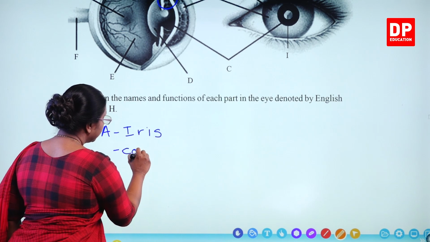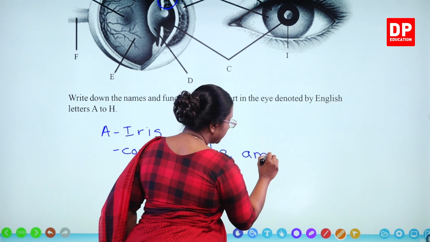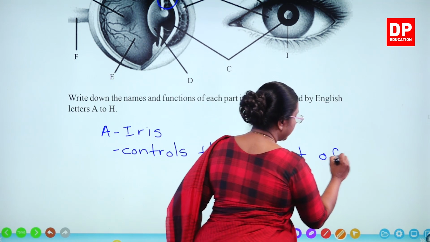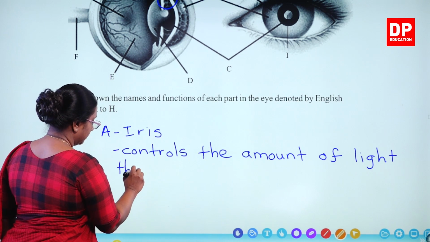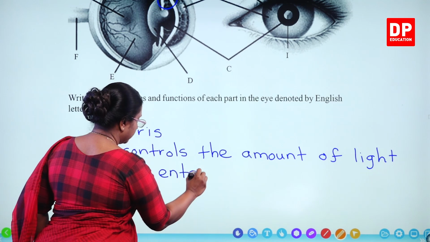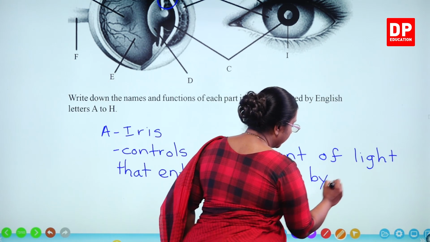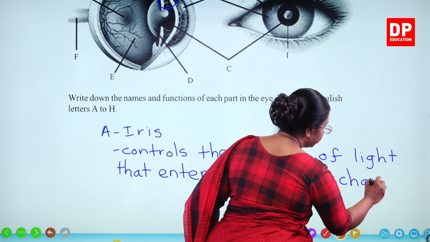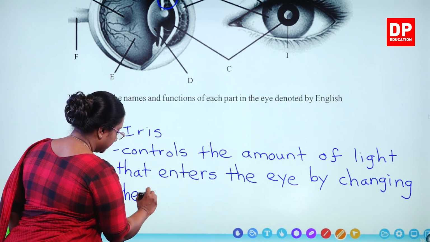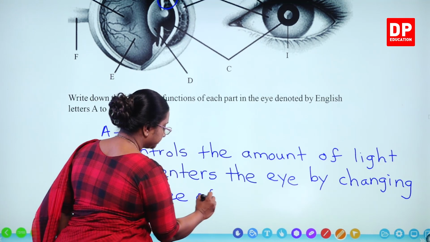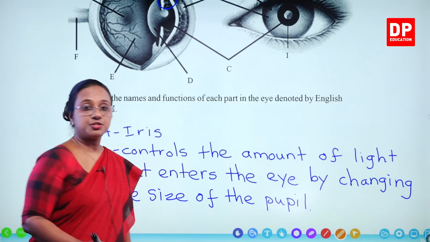So, here it controls the amount of light that enters the eye by changing the size of the pupil. That is the function of the iris.